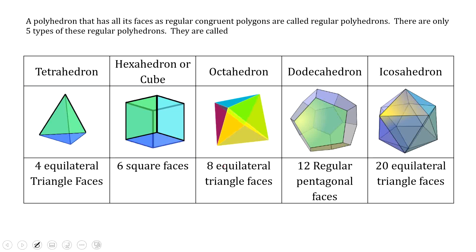Then you kind of get into a couple of the other ones. A dodecahedron is 12 regular pentagons all combined together. And then an icosahedron is 20 equilateral triangles that are all joined together. We do not work with these at all. We only really deal with the cube. We don't worry about any of the other solids. Don't worry about that.